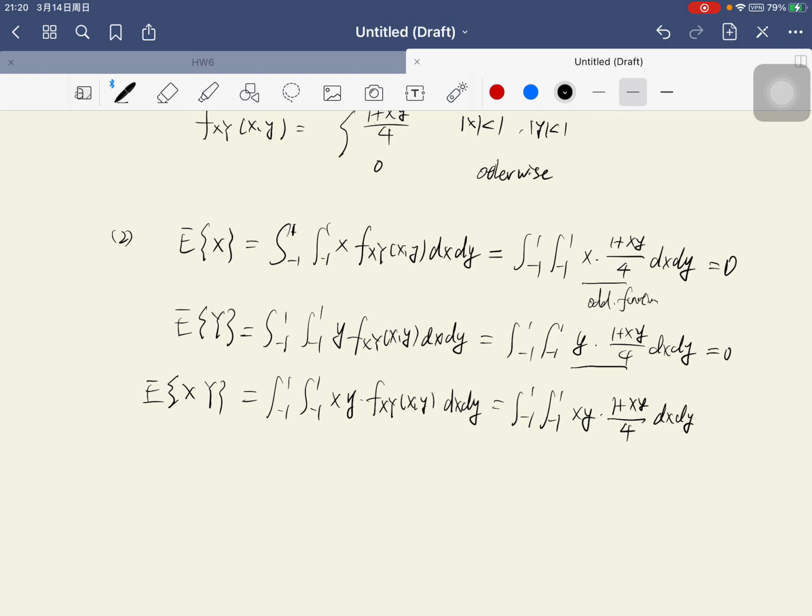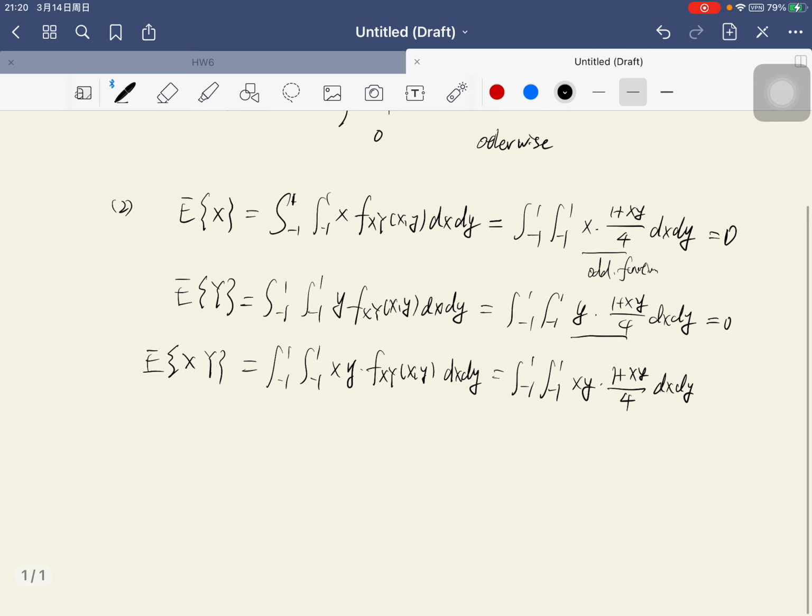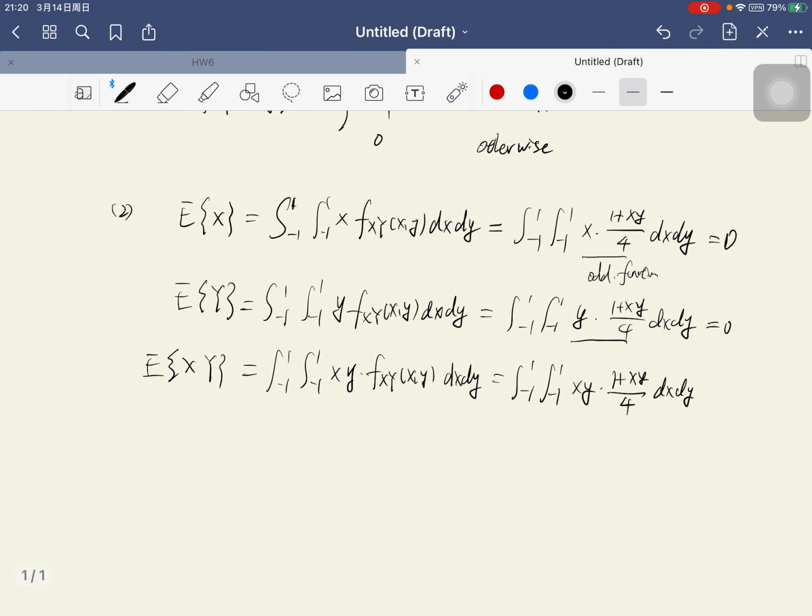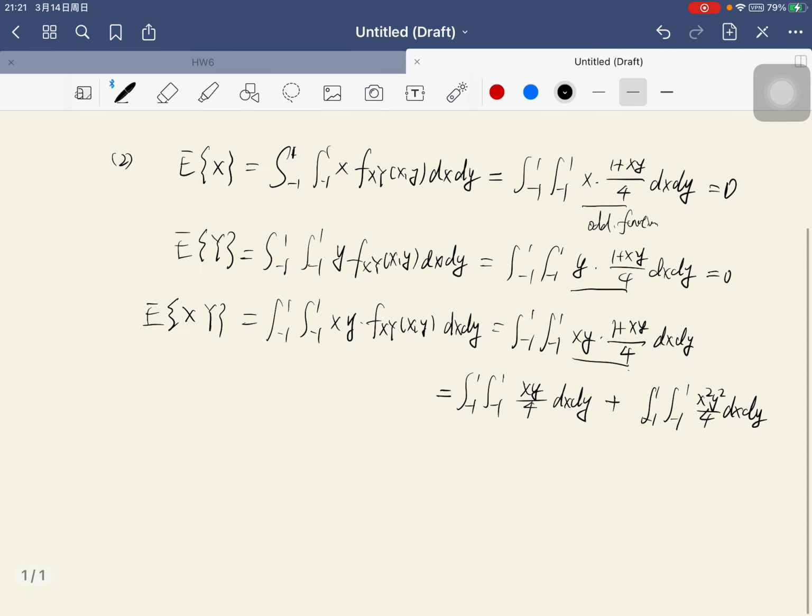It is equal to two parts: this part plus this part. We will compute the two parts of the integral.